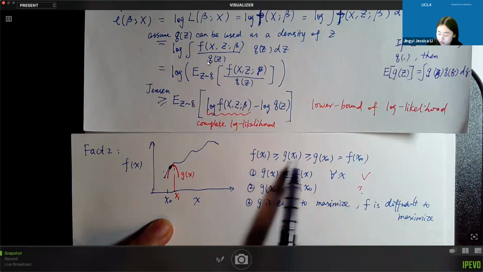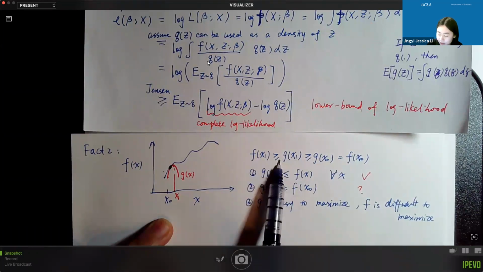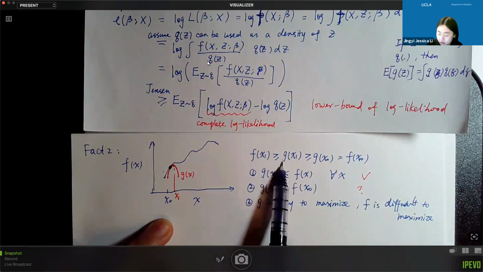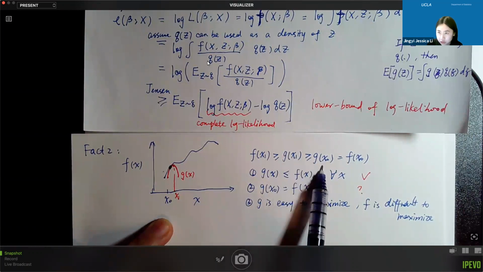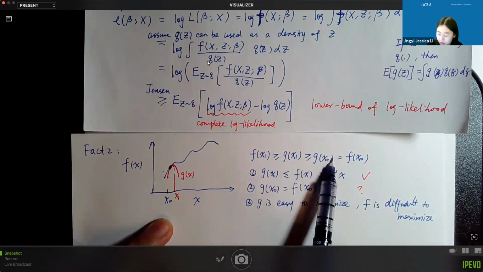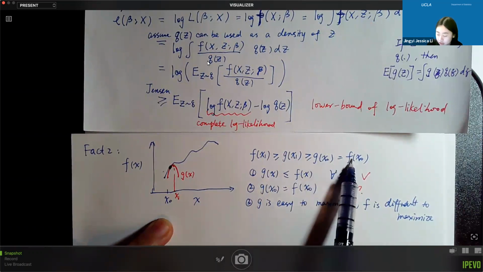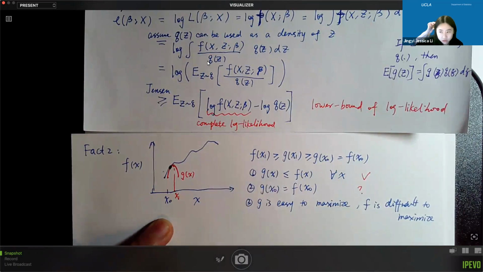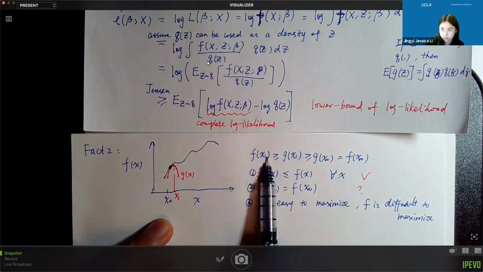This is the derivation. We know that by lower bound, f(x1) should be greater than or equal to g(x1), as always. And because of the maximization, g(x1) should be greater than or equal to g(x0). And then because of the tangency, g(x0) should be equal to f(x0). So that's why we are actually updating the value x to make the f value bigger.